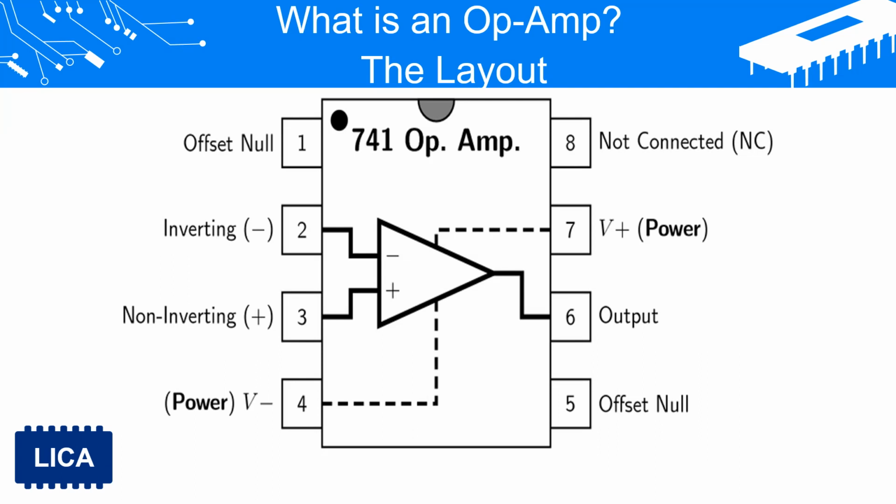To nullify this effect, an offset voltage can be applied at pin 1 and pin 5, usually done using a potentiometer. Pin number 8 is officially noted as NC, not connected. This pin is not connected to any circuit inside the 741 IC. It's just a dummy lead used to fill the space in standard 8-pin packages.